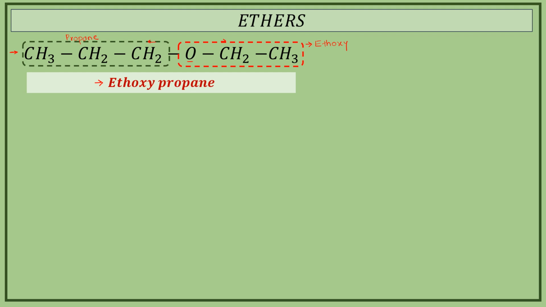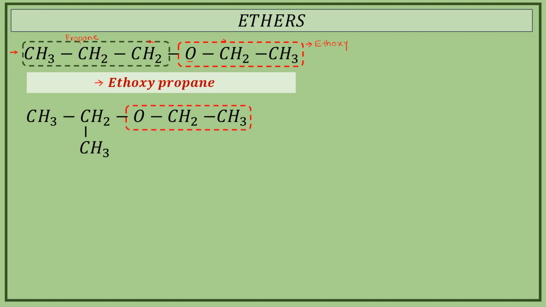With this rule, let us move on to our next example. Again, we will select the one which is shorter in length along with oxygen and call this an alkoxy. There are two carbon atoms again, it is an ethoxy. And now there are three carbon atoms on the longer chain.